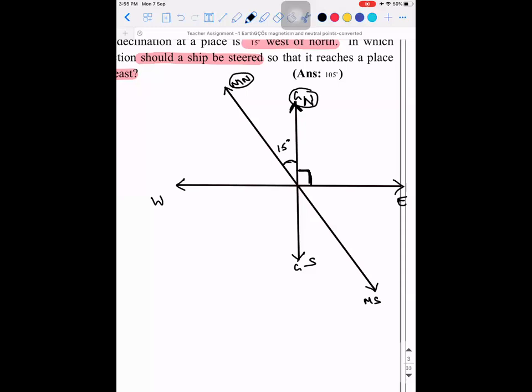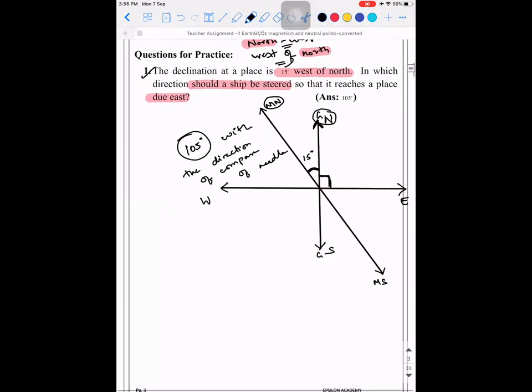But since there is a 15-degree error, you should steer it at 105 degrees with respect to the direction of the compass needle. To put it simply, 105 degrees from the direction of north. That's it. I hope you guys are able to understand this. So this is how the problem will be asked.